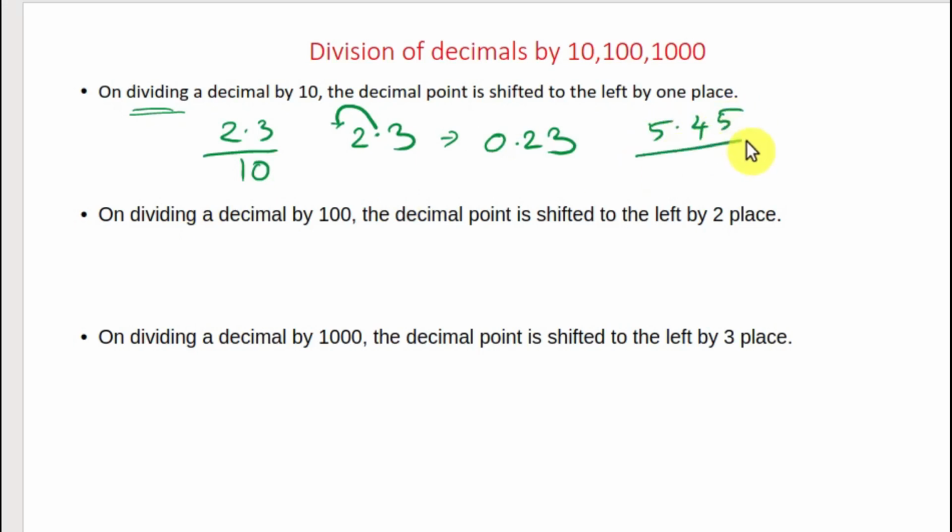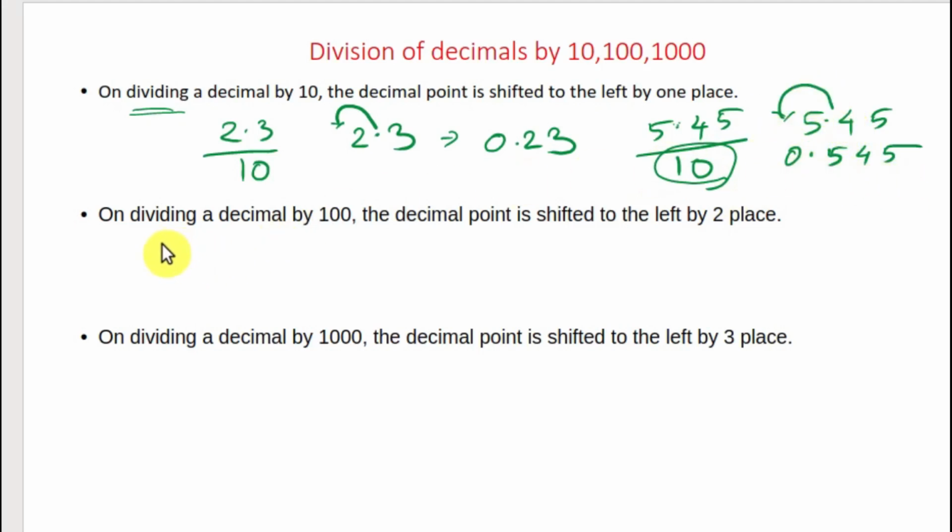5.45 by 10. So, the point is shifted from here to here. So, 0.545. On dividing the decimal by 10, the decimal point is shifted to the left by one place.